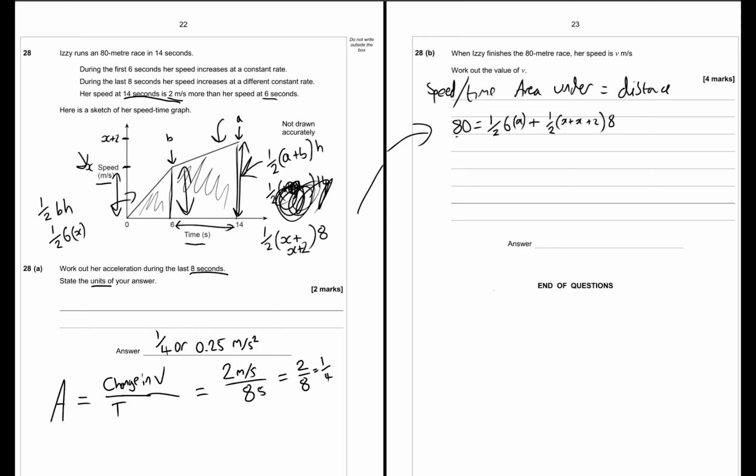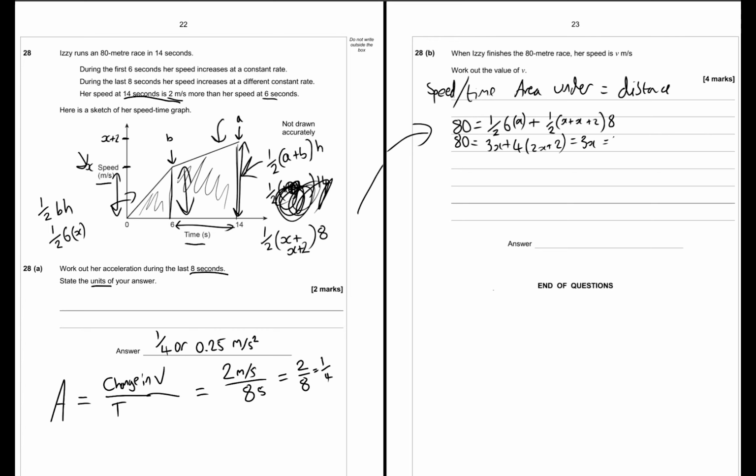So let's do some simplification. We're going to get 80 equals 3x plus 4 times 2x plus 2. We can do another bit of simplification.